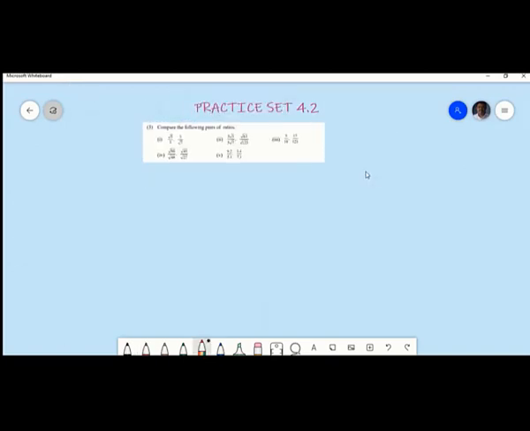Take the first example. The first fraction is root 5 upon 3 and the second fraction is root 3 upon 7, sorry, 3 upon root 7.